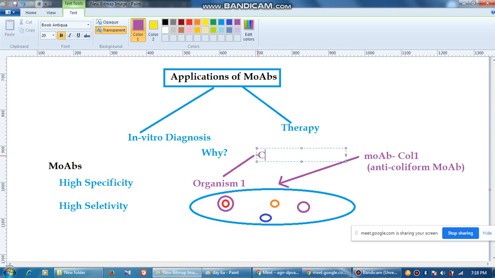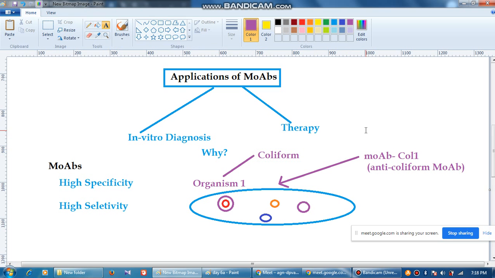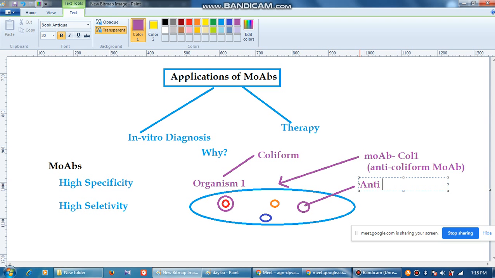Now organism 2 is Vibrio. This is a different organism, Vibrio, because it has reacted with anti-Vibrio antibody.